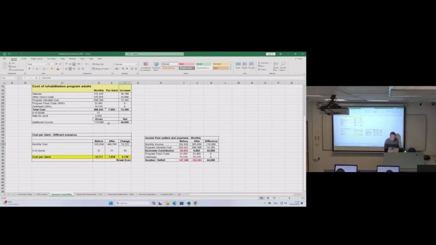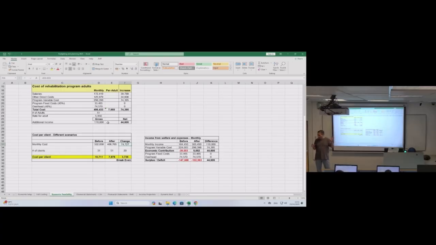So once we know the change, then we can take this change and divide it by the additional number of clients. Okay? So we have an additional 74,000, which is used to accommodate an additional 20 clients.